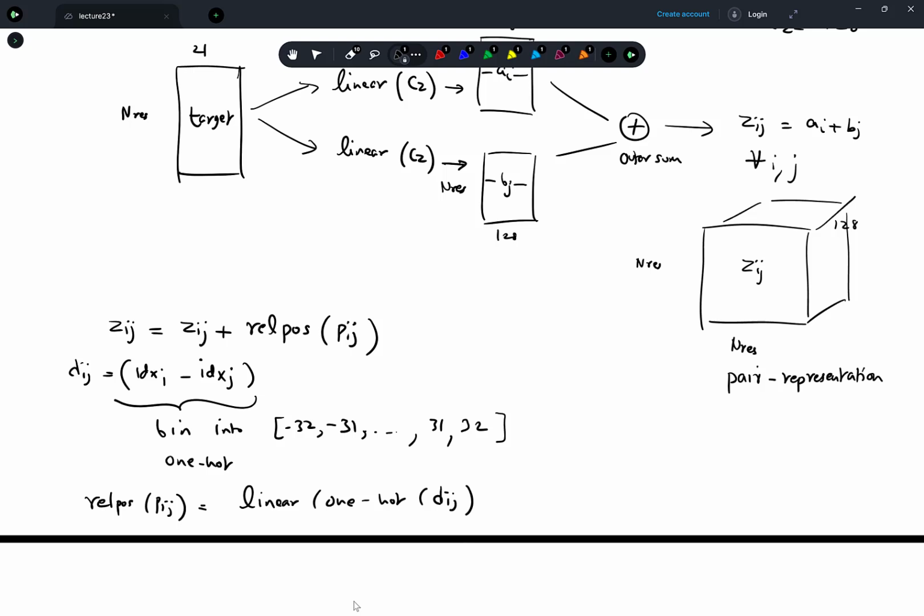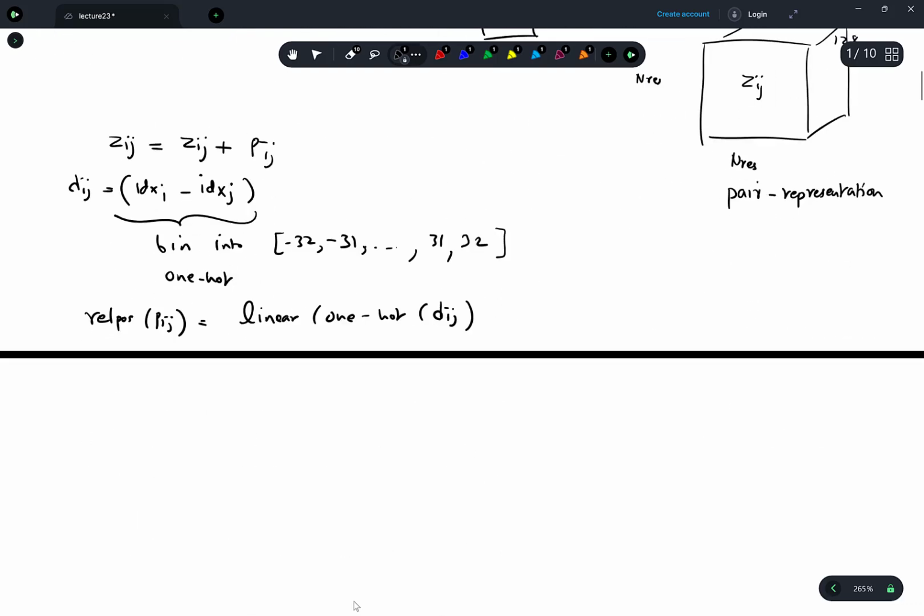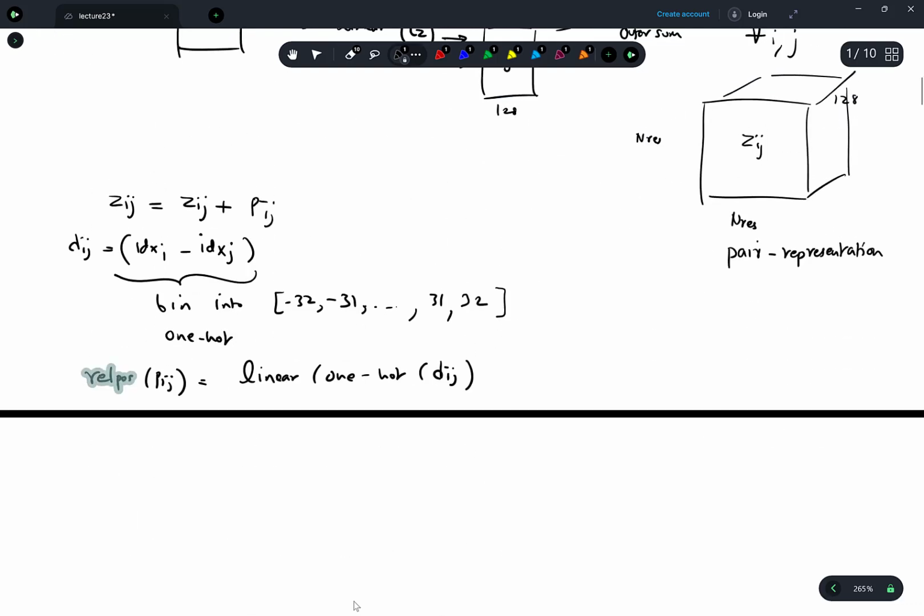Yes, okay. So actually, I should have just gotten rid of this and said plus Pij, just to be clear. So it's a vector, right? And that Pij is this. This module is called relative position.